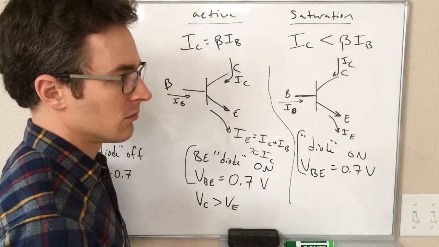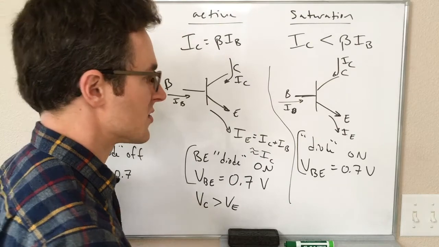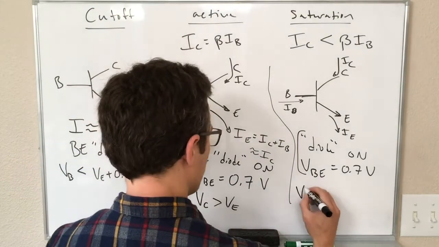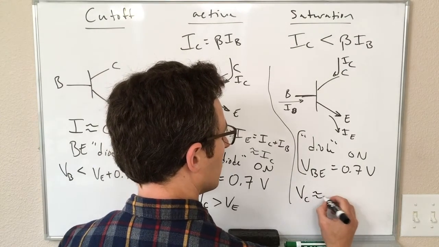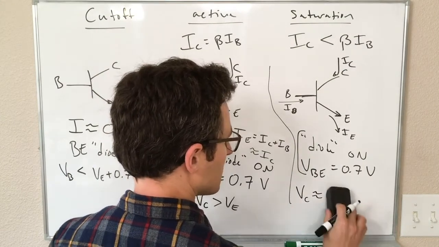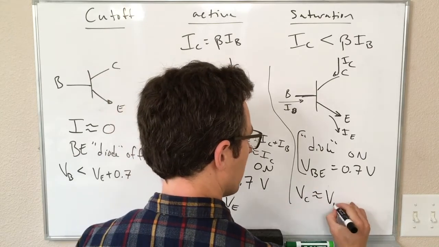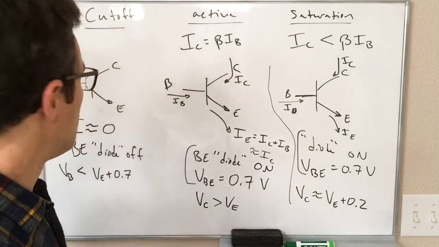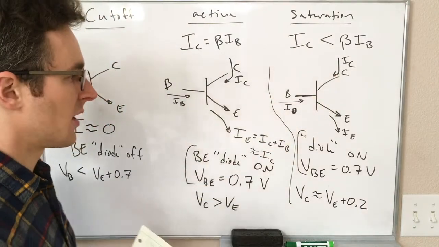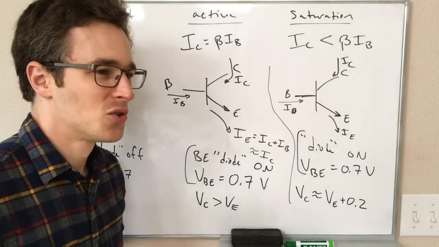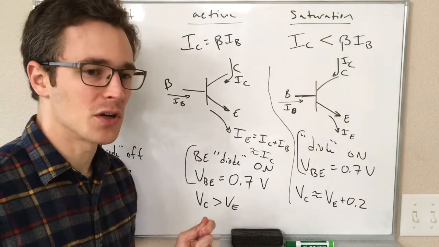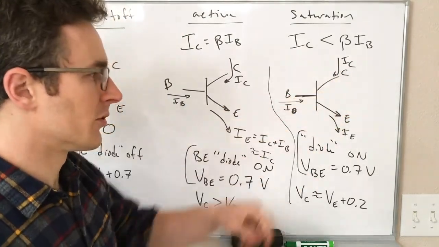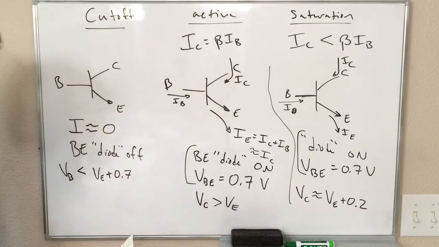You can buy, I think, fancy transistors where that difference is smaller, but for typical NPN transistors, VC is going to be equal to VE plus, we'll say for this class, 0.2 of a volt. So this is the smallest voltage difference you can have. The little transistor man has shorted out his collector emitter connection, but it's not quite shorted out. There's still some little resistance that is giving you a little voltage drop between C and E.